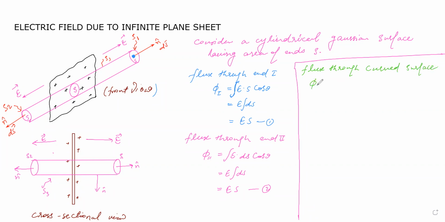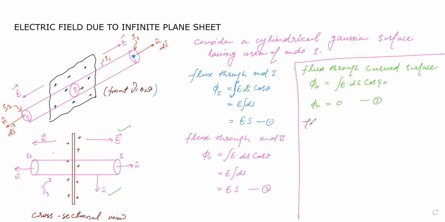This is your phi 3, which is equal to integration of E dot ds. You can take here ds cos of 90 degrees. Why? Because in this you can look that your electric field and the unit vector are making 90 degrees with each other, and we know cos 90 is 0. Then we can write directly phi 3 is equal to 0. This is your equation number 3.